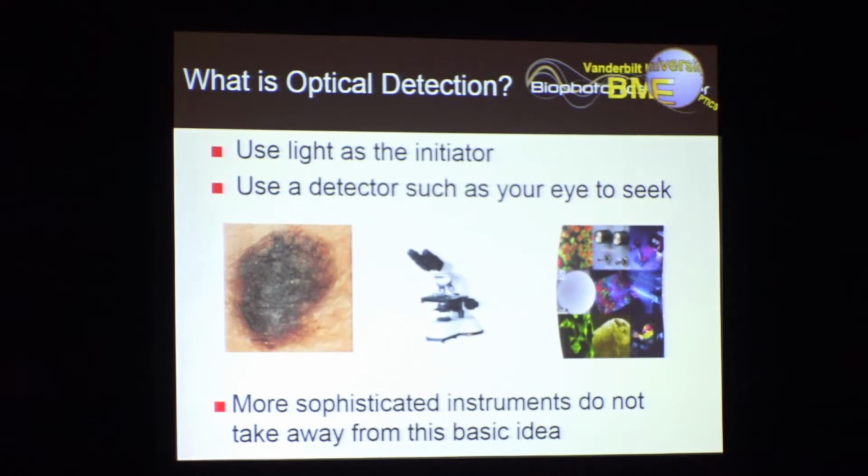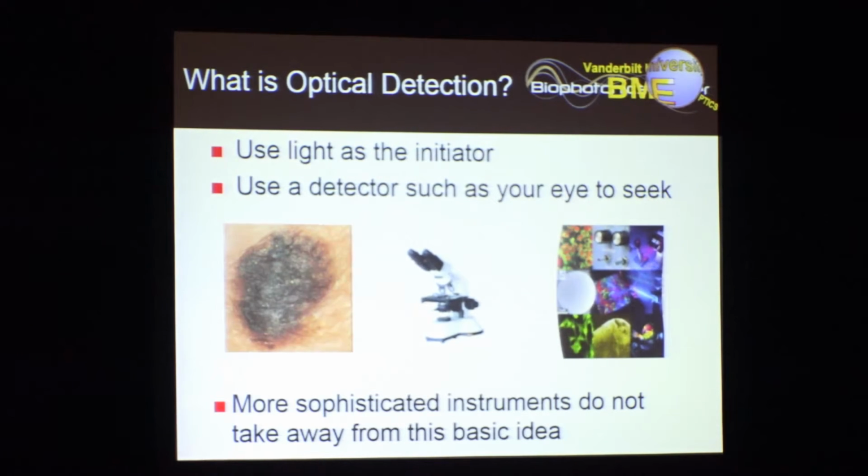The basis for diagnosis comes from the fact that optical detection has been around since the 17th century. The microscope has been around since then, and it's pretty much used to guide what's going on in the body. If you have a mole, you go to a dermatologist. He looks at it and uses the ABCD, which is area, border, color, and diameter, I believe, and essentially uses his eye as the detector to tell whether you have cancer or something that he needs to biopsy or not.